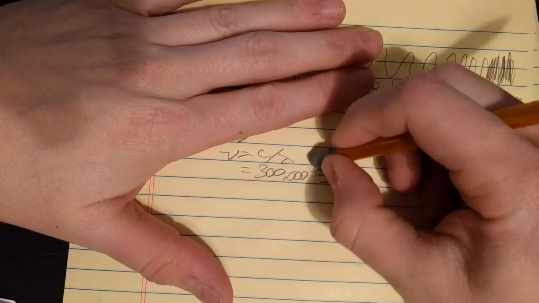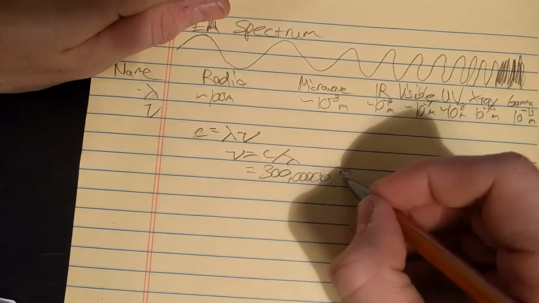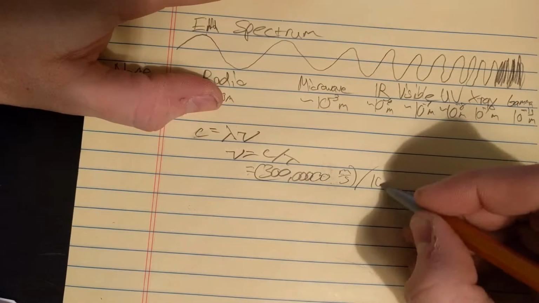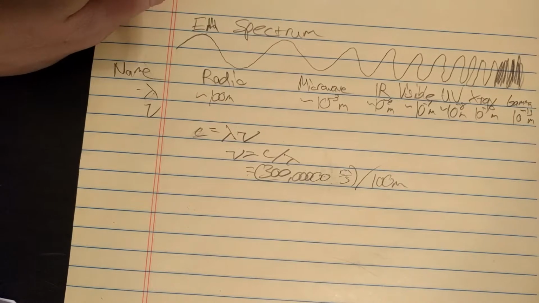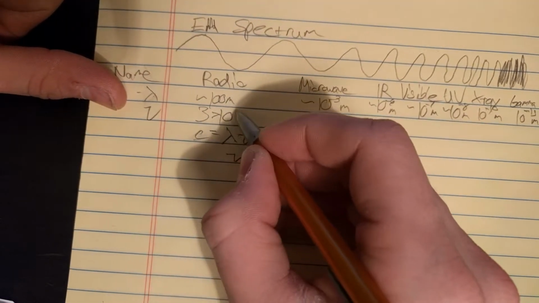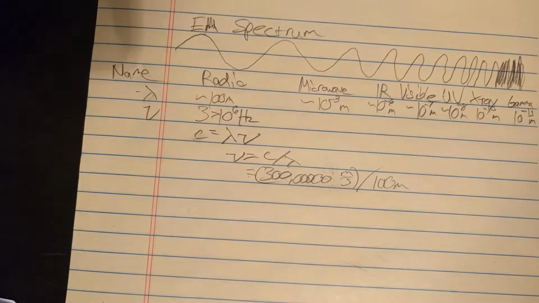Well, let's write 2 more zeros and just write meters. Meters per second divided by 100 meters. Punch that in your calculator, you're going to get 3 times 10 to the 6 hertz, or 1 over seconds.